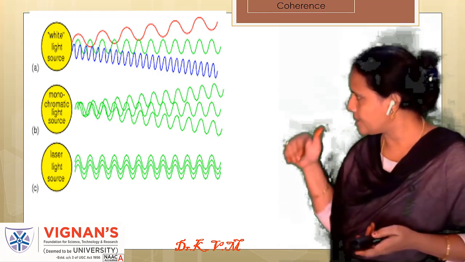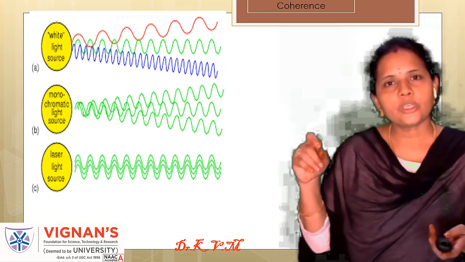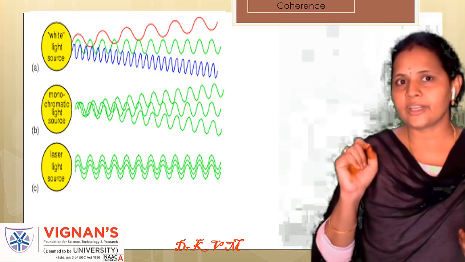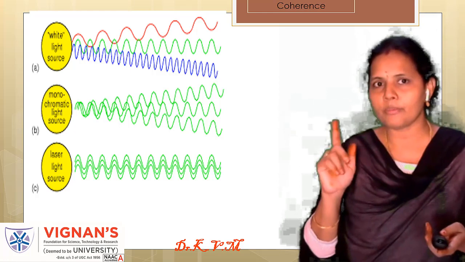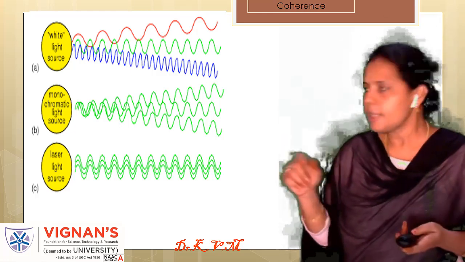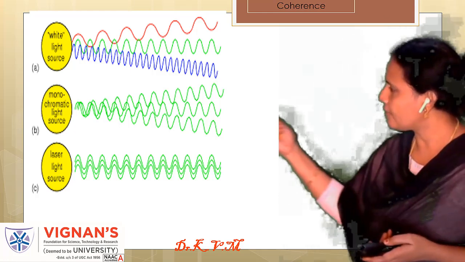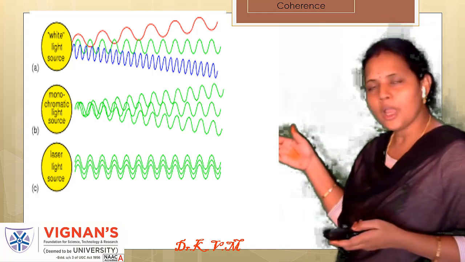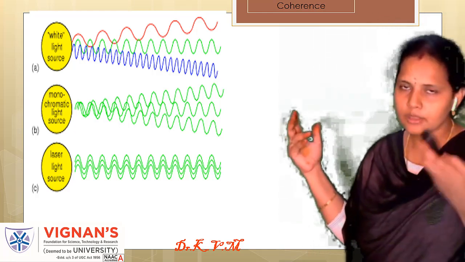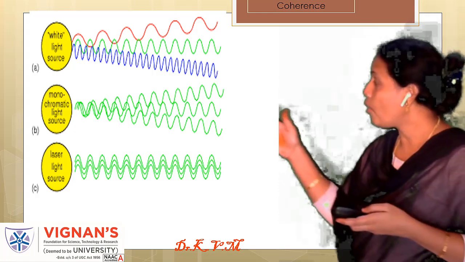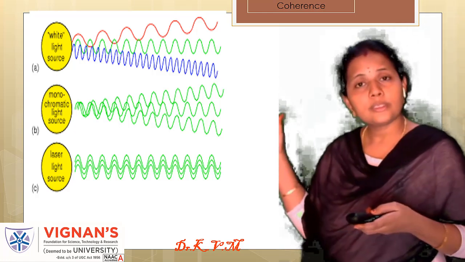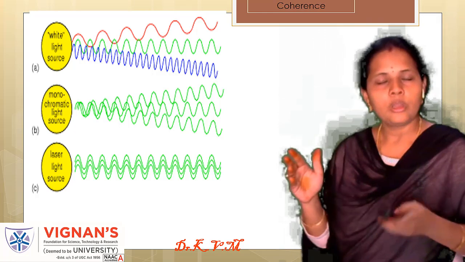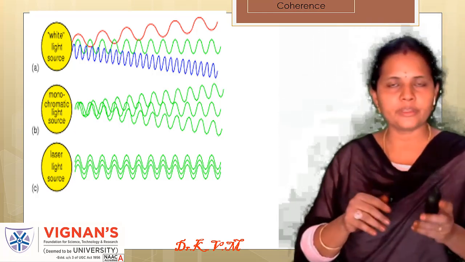Coming to figure C, which is from a laser light source. If you look at the waves emitting from the laser light source, all the waves have the same wavelength, the same frequency, and also maintain the same phase or a constant phase difference.